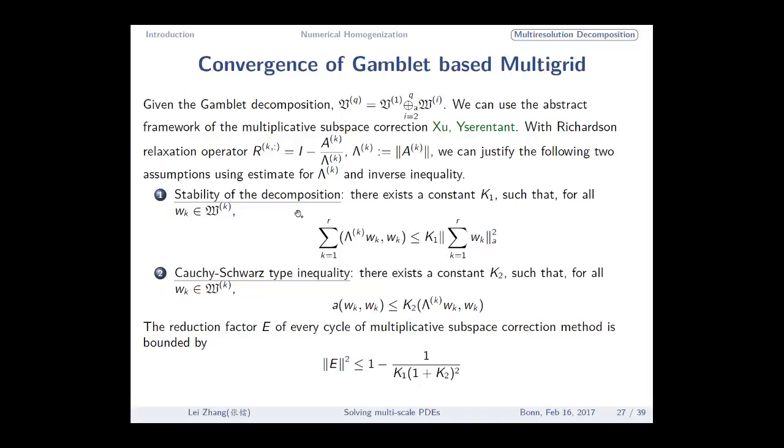Then because of all these good properties of the gamblet subspaces, for this estimate for lambda k and the inverse inequality, you can show that this is true. All these constants do not depend on the variations of the coefficients. They only depend on, unfortunately, the contrast.